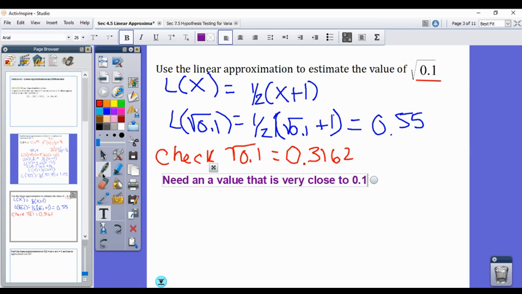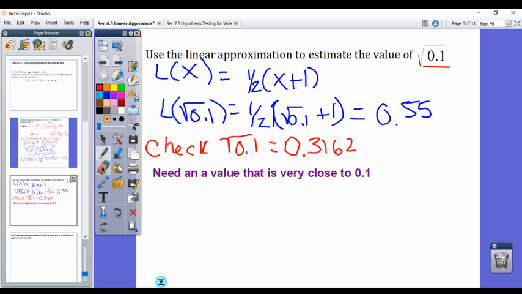Okay, so I'm going to pick 0.09. I'm getting 0.09 because I know that 0.01 is the same as, for instance, 10 out of 100, if I were to convert that. So I'm picking 9 out of 100.